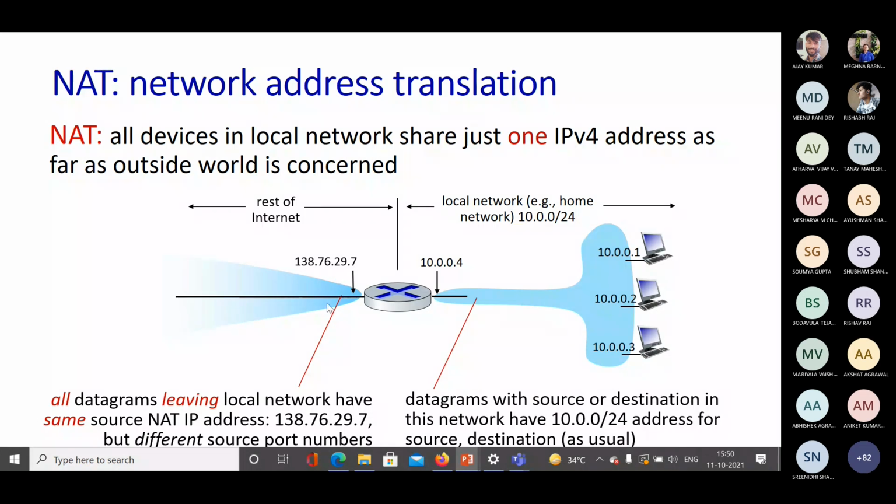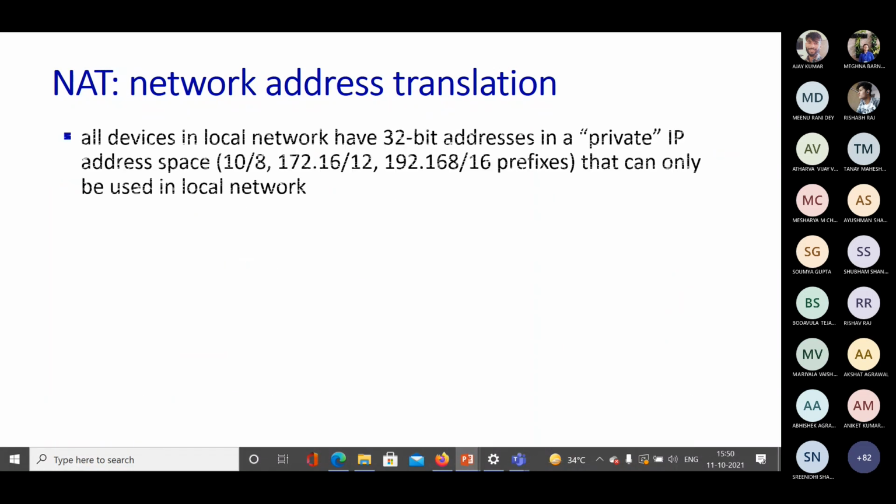They will not know which host within this router subnet we are talking about. They will think of all of it as just one address. But once it comes to this particular router, it is here that we have to do some processing to find out which is the exact destination among all of these associated nodes or hosts. So let us see how NAT works.